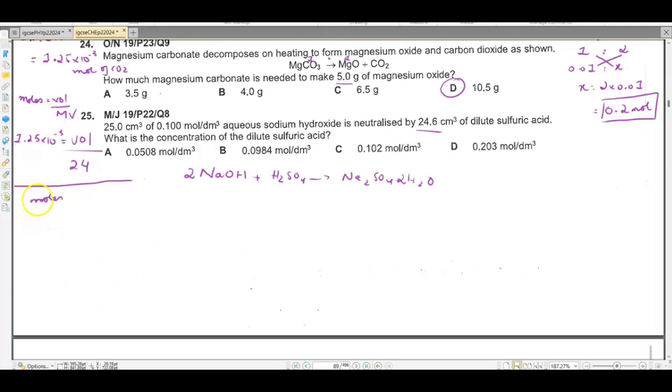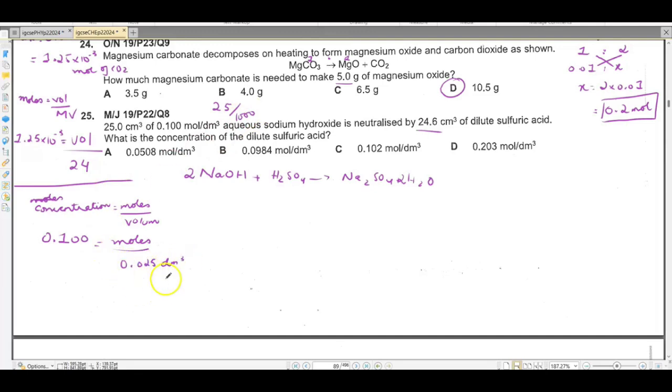Concentration is equal to moles by volume. So concentration is 0.100 and moles we are finding, and the volume is 25 centimeter cubes. So this has to be converted into decimeter cubes by dividing it with 1000. So this is going to give us 0.025 decimeter cubes.